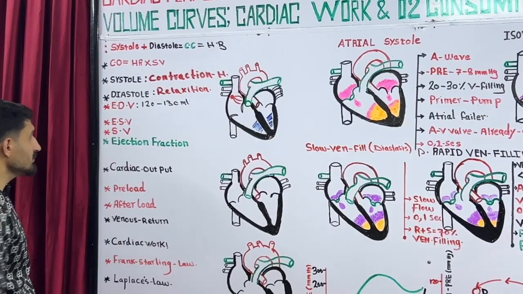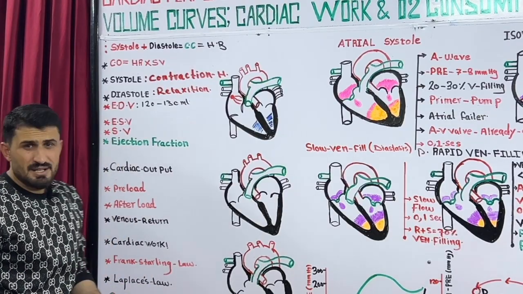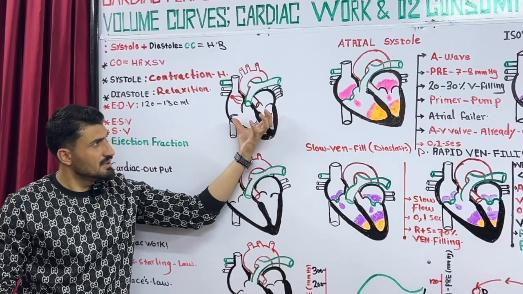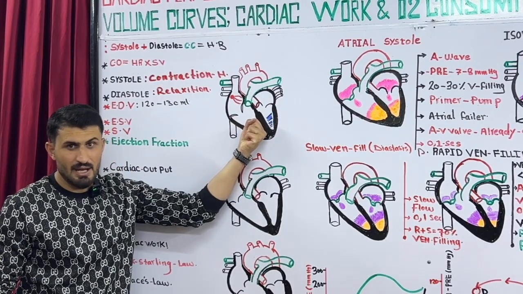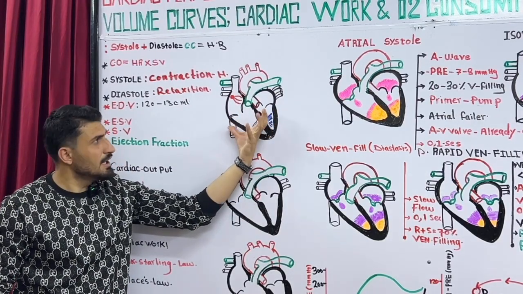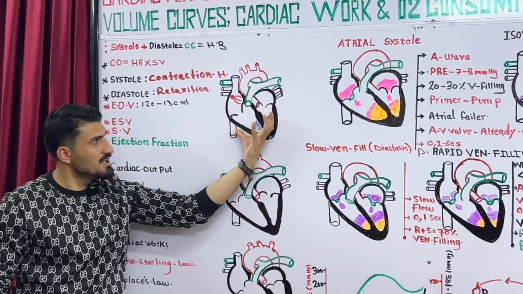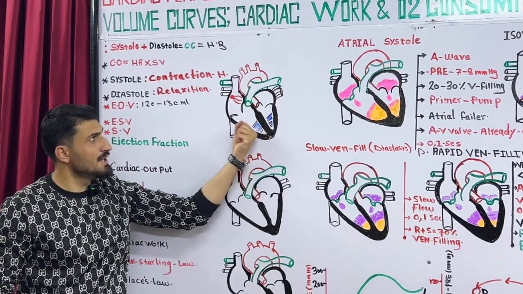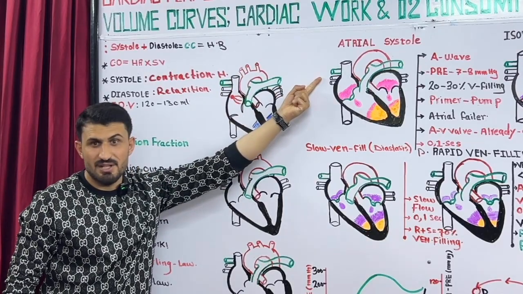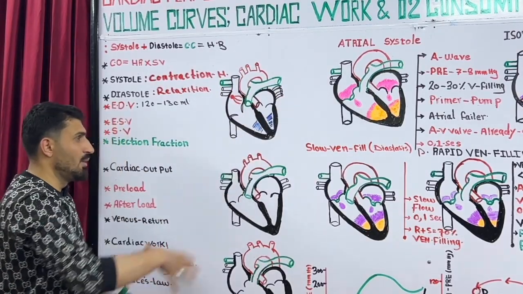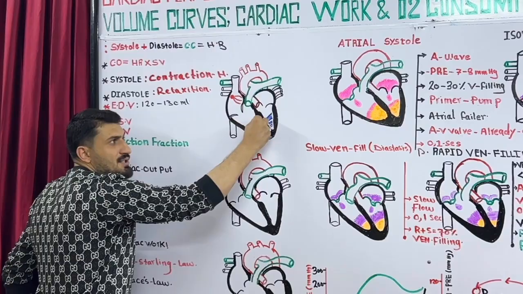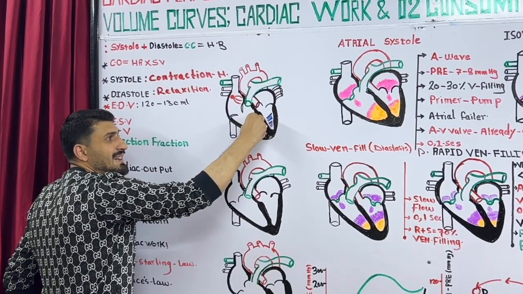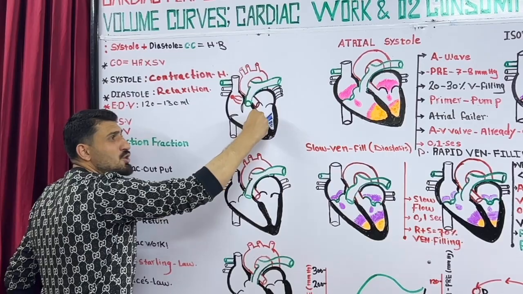Got it? Now, end systolic volume. Now listen to me carefully. Now the heart is contracting. When it contracts, it pumps blood. When it goes to the systole phase, it pumps blood to the outside of the heart. Now I'm doing systole, but systole is going to be finished.